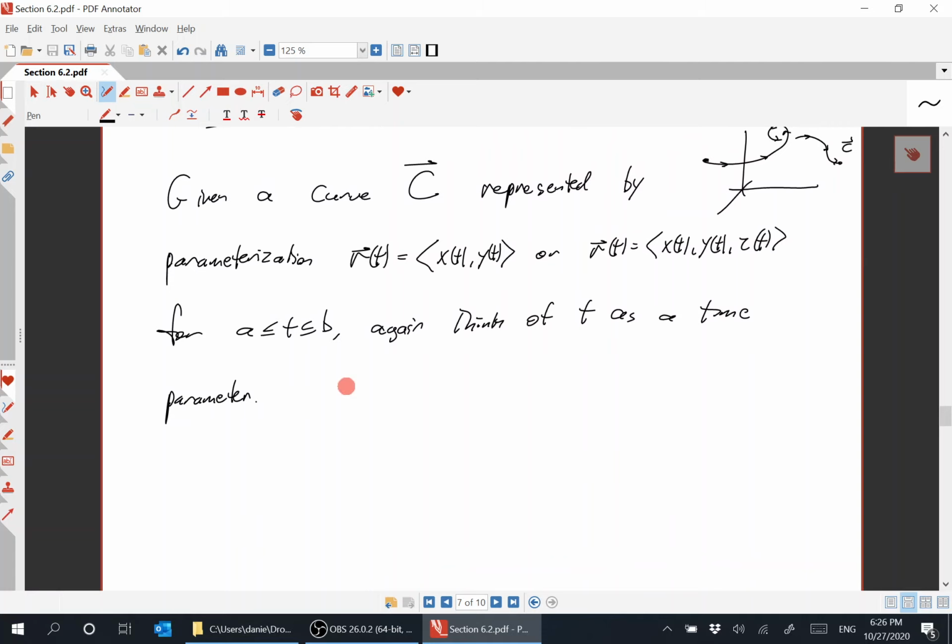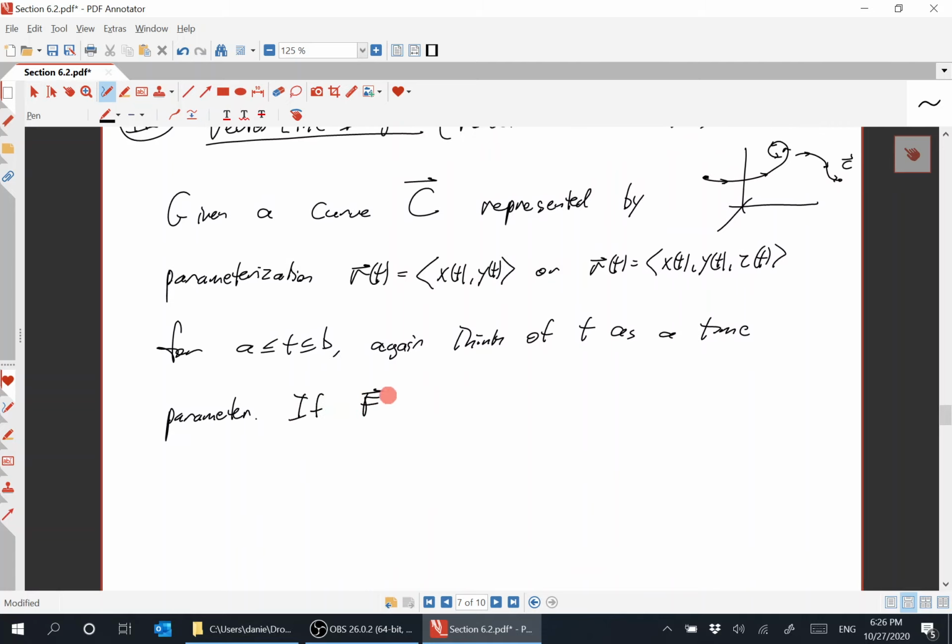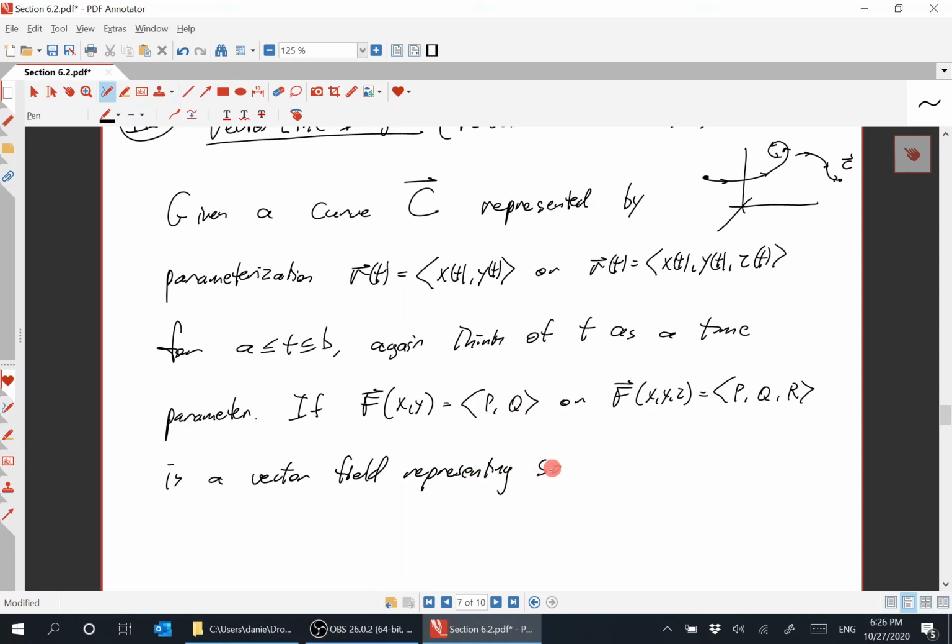So you've got some point moving through space along that curve. Given a vector field, if F of x, y, z or F of x, y equal to P, Q, or F of x, y, z equal to P, Q, R is a vector field representing some kind of force, then what we want to do is calculate the work done by that vector field.